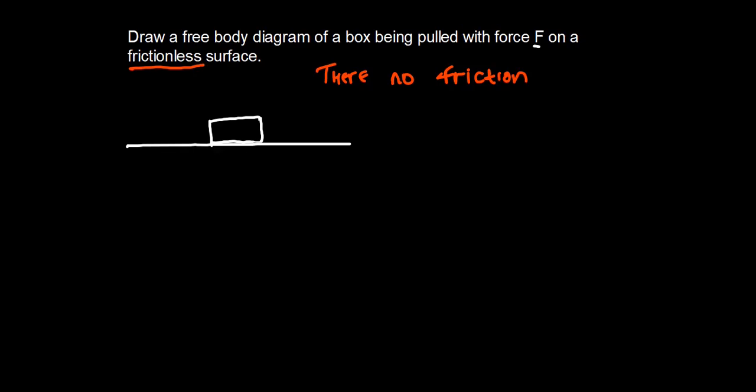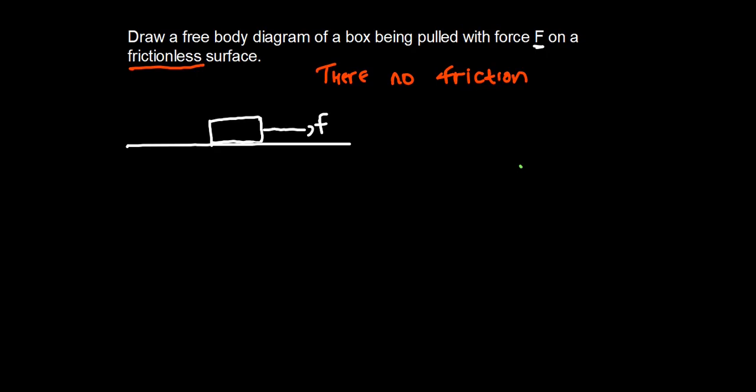Now, the question says draw a free body diagram of a box being pulled with a force F on a frictionless surface.